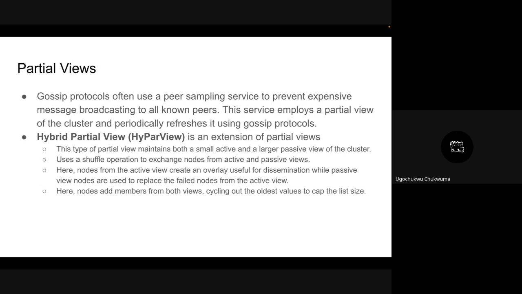I think the nodes in your active view should be enough for that, but in cases where you're changing something like the schema, which is not just related to you, maybe you want everybody in the system to be sure that they know. You could also use the passive view. I'll bring up anything else if I remember.